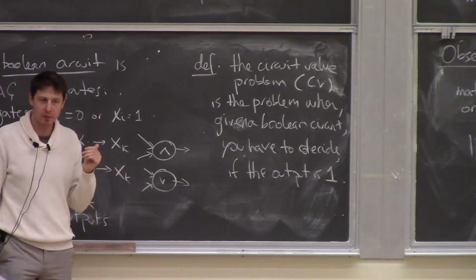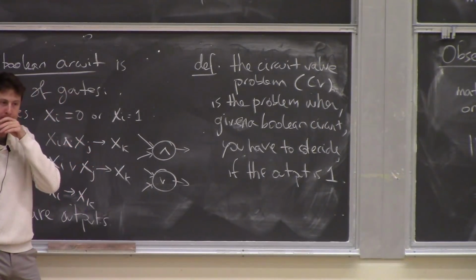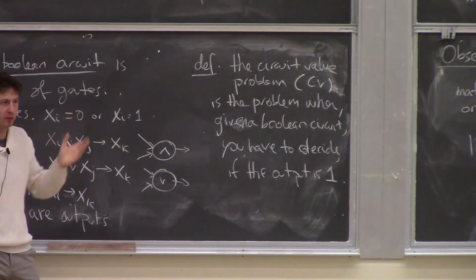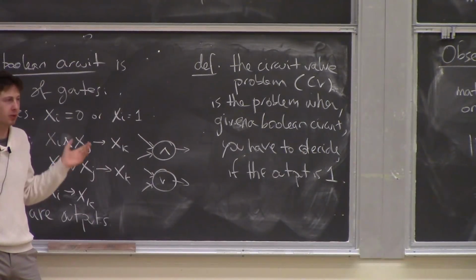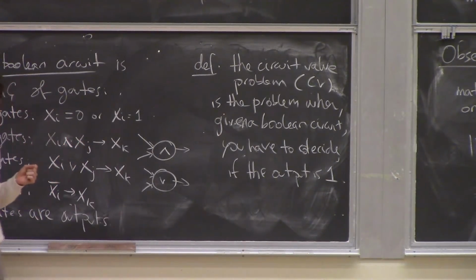By the way, is this problem efficient? Can you give me an algorithm to solve this problem? How do you solve this problem? So I give you a DAG, right? And I give you rules to compute things at every gate.